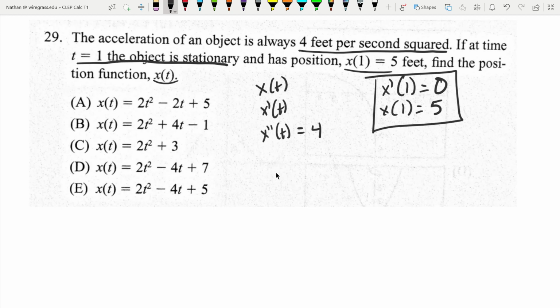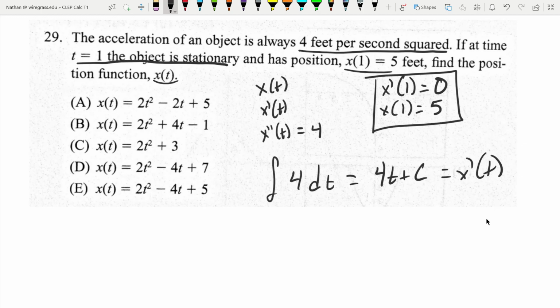So to do this, let's just take the integral of the second derivative of x, the x double prime of t. This is really just going to be 4, right? So we're going to take the integral of 4 dt, and that gives us 4t plus c, right? But we know that this is our velocity function.